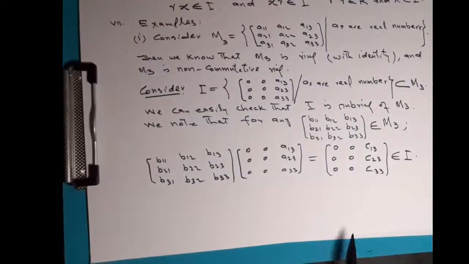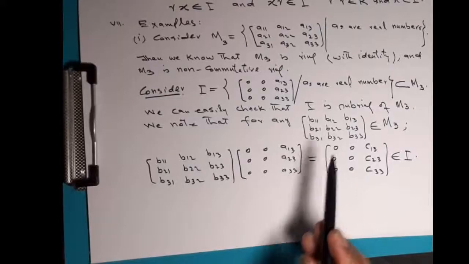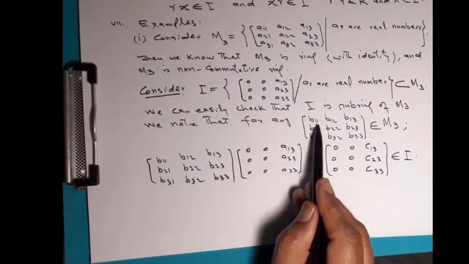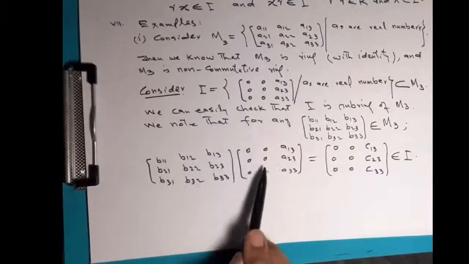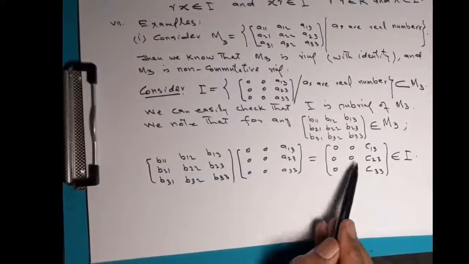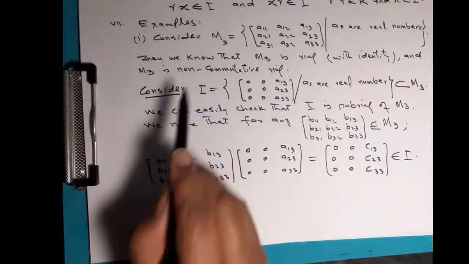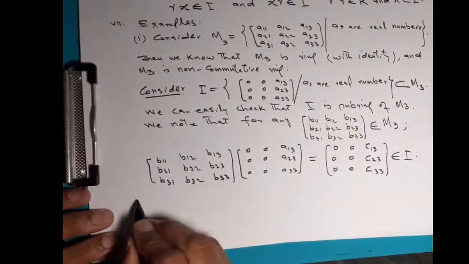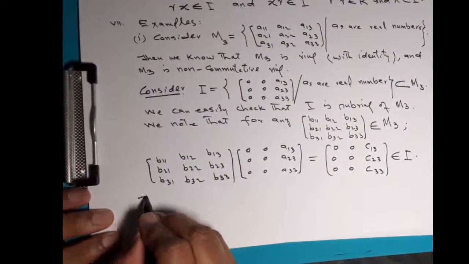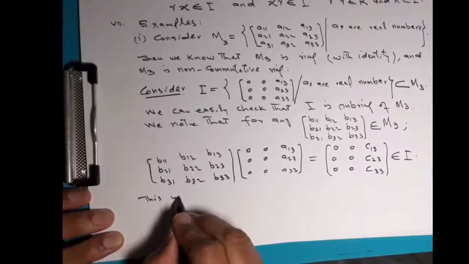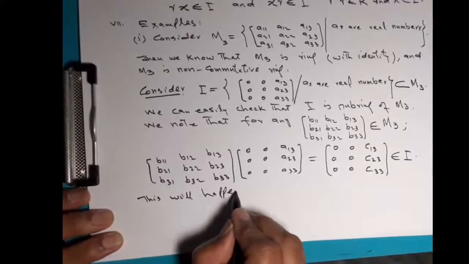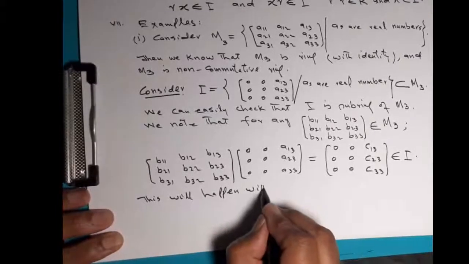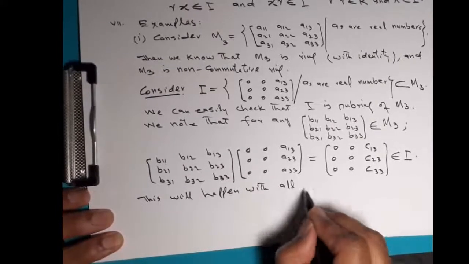So if we multiply an element of the ring from the left hand side with an element of this subring, the result belongs to this subring. This will happen with all such choices.